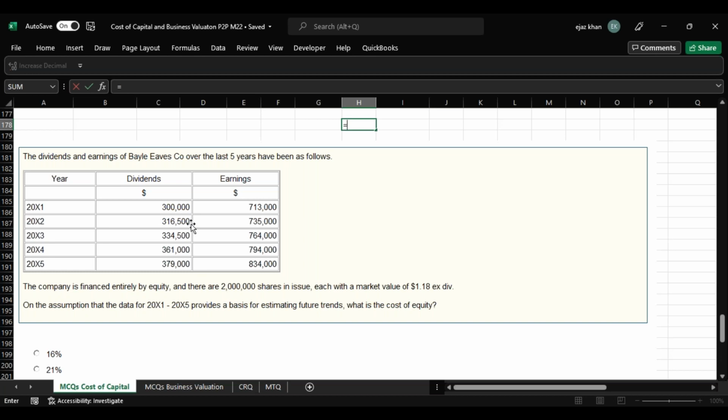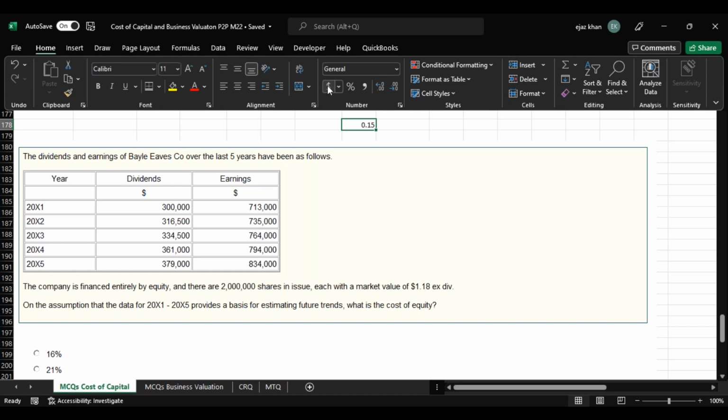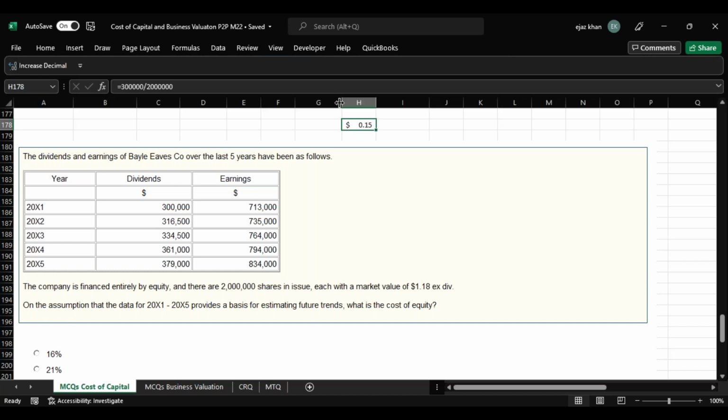So the earliest total dividend was 300,000 divided by 2 million. So it's $0.15 per share. That was the dividend 5 years ago. Not 5 years ago, it's 4 years ago, right? So 0.15.